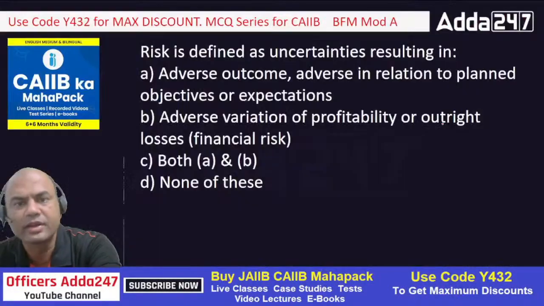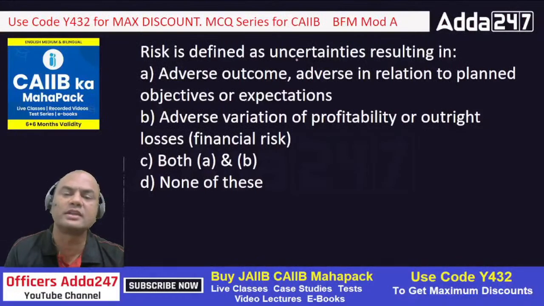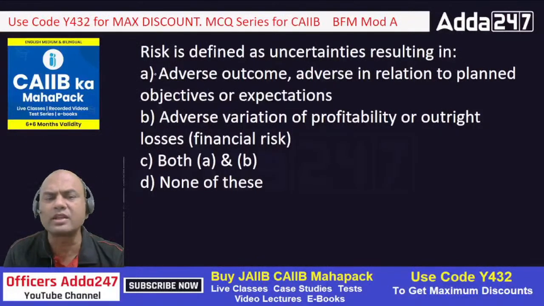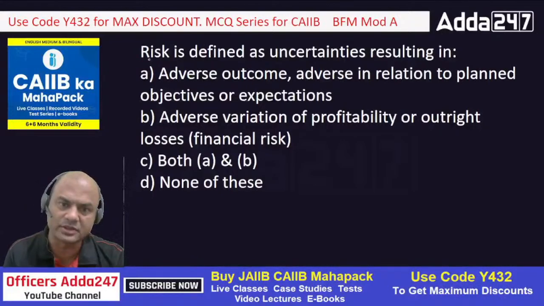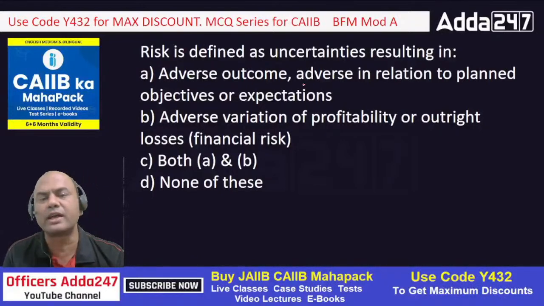Move on. Risk is defined as uncertainties resulting in. Means what is risk basically? See here, the topic is risk in banking business. So what is risk? Suppose there is a person who climbs on the 5th floor of the building, standing over there, and he is saying I'll jump now.